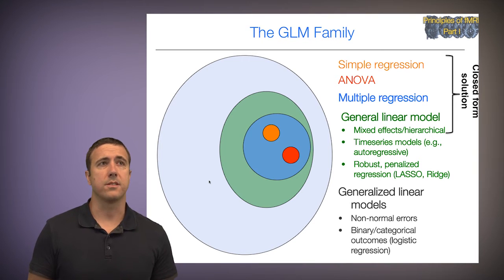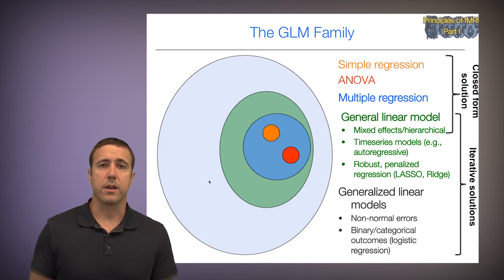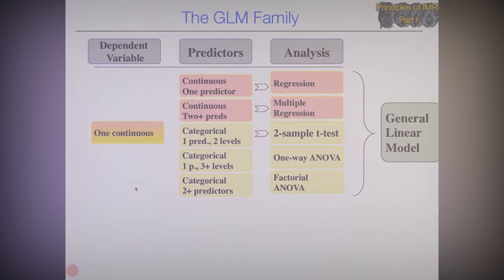So in certain cases, simple regression, ANOVA, multiple regression, and some simple forms of repeated measures or hierarchical analysis, there is a closed form solution, an algebraic solution that lets us solve the problem in one step. But in many other cases, it requires an iterative solution, and we'll learn about those later on.